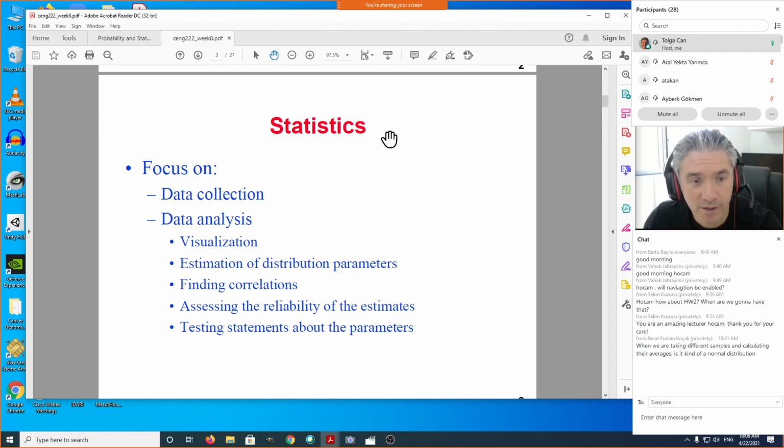So the area of statistics focuses on data collection. It's about data. So data science, actually, if I'm not mistaken, the Department of Statistics in our university changed the name of their undergraduate program to Statistics and Data Science. So that's really, statistics is data science.